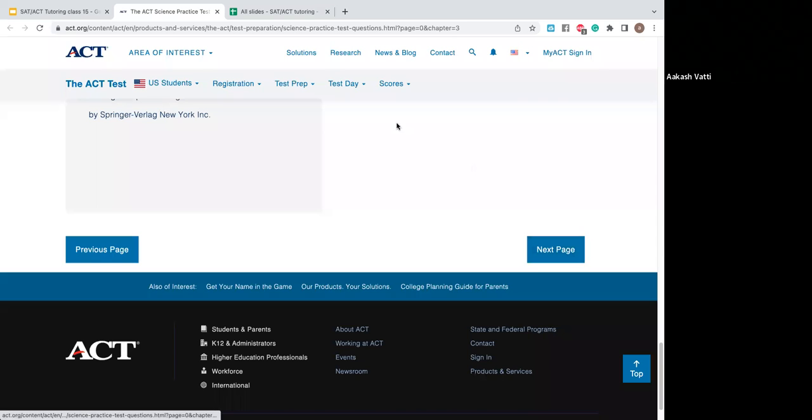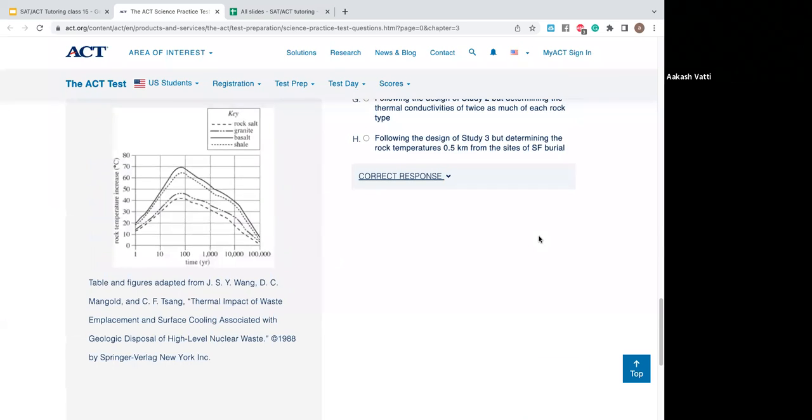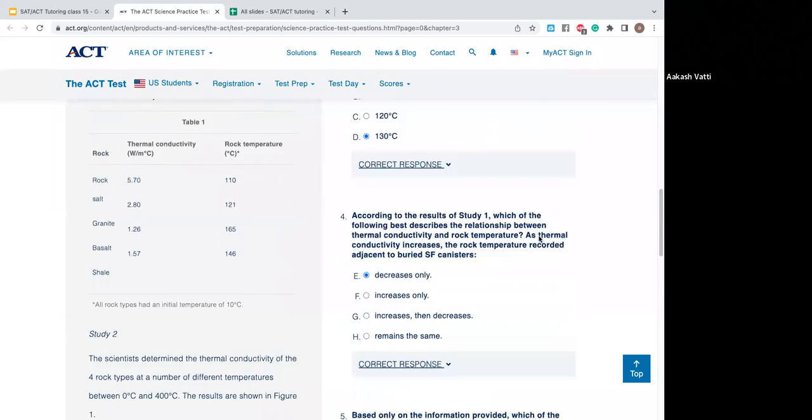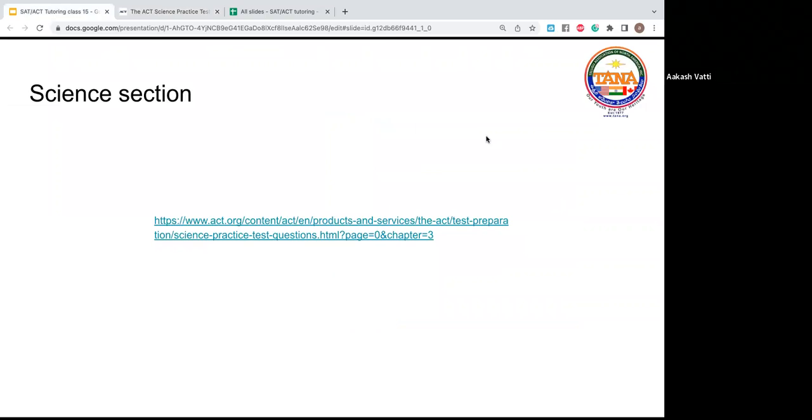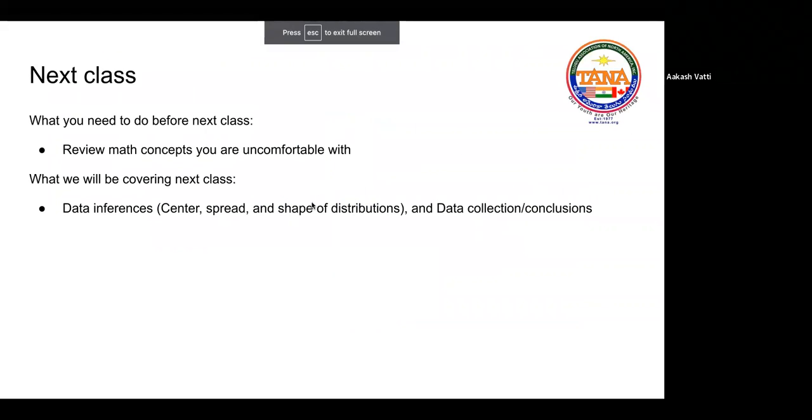All right, I will just check if I got these right. That's correct. All right, these all look correct. And that's really it for today. Again, I would say, since some of you did say you don't know the answers, not just math, also look at some science passages, just practice.